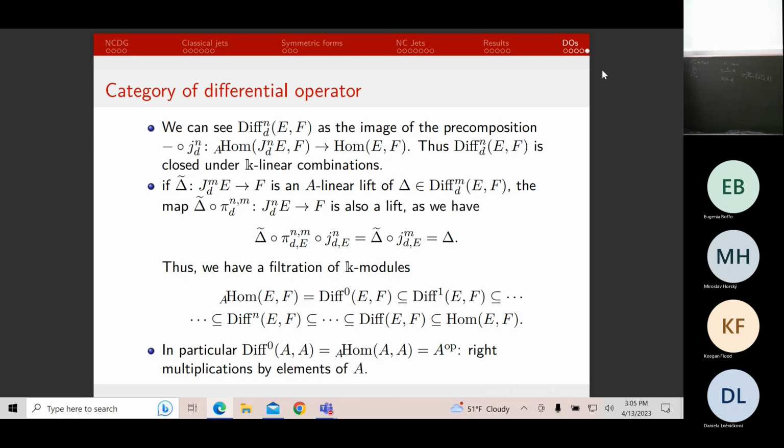You can consider the union of them, and that will be the differential operators of finite order. This would be a submodule of k-linear maps. Furthermore, notice that the zeroth order differential operators between A and A are just A op, because we are considering the right multiplications, and so the order of the multiplication is reversed.